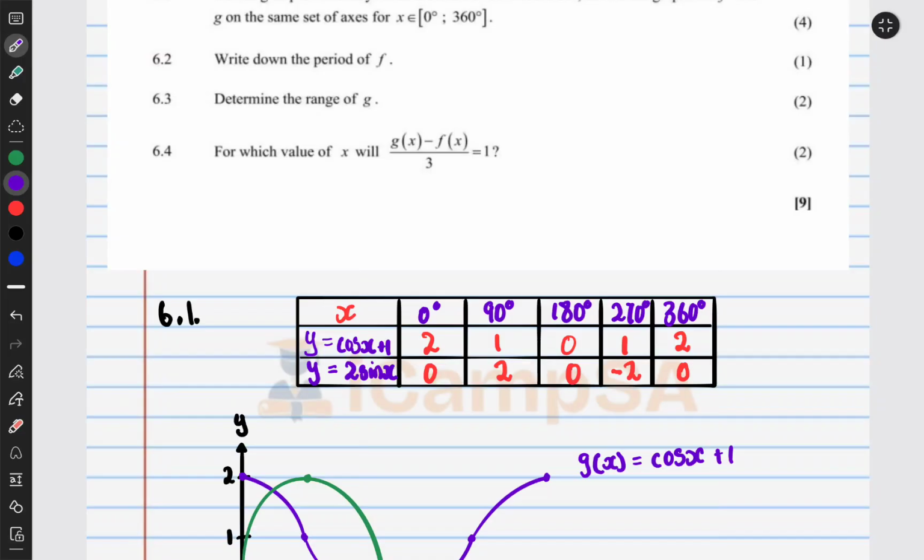A simple trick here: we have to find the value of x whereby g at x minus f at x will equal 3, because 3 divided by 3 is what will give us 1. So you are looking for the values of x where g at x minus f at x will give us 3.